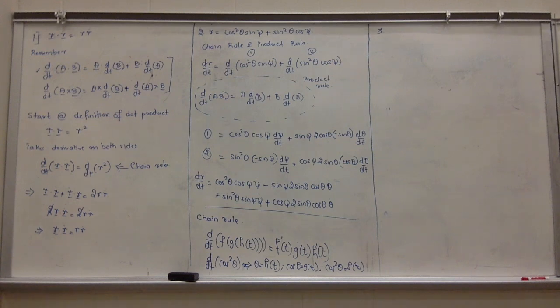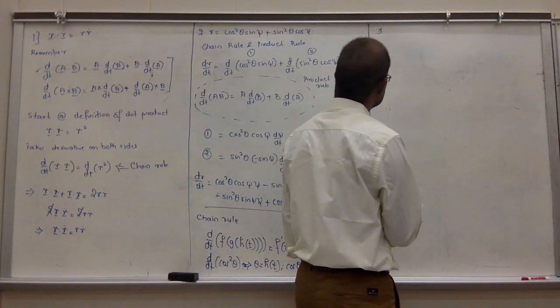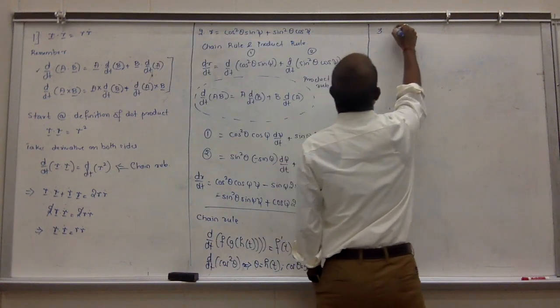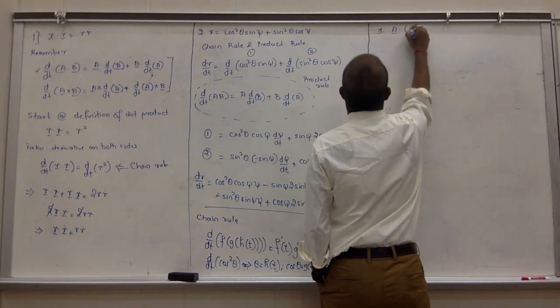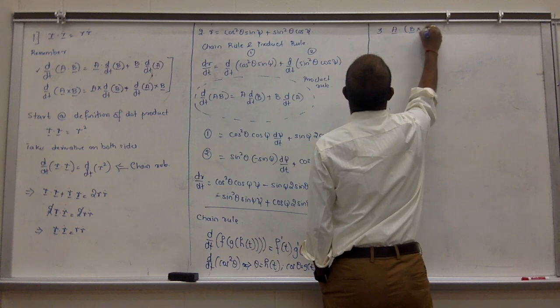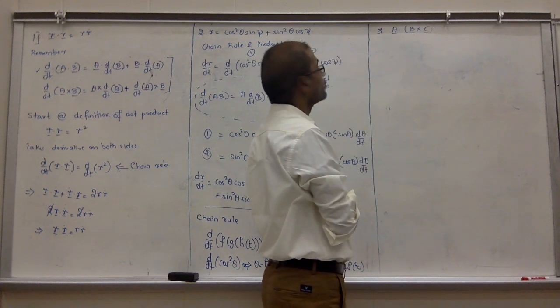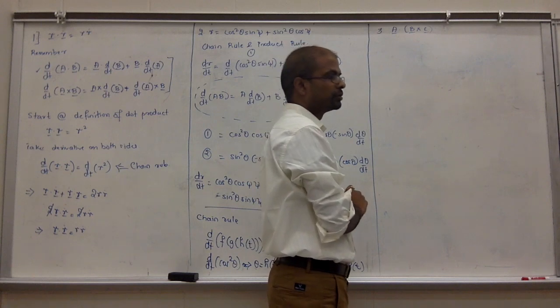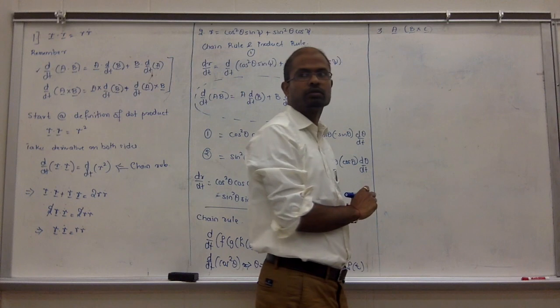Now, what you need to understand is, see, most of you are here. How do you calculate A dot B cross C? You don't do the cross first and then the dot.